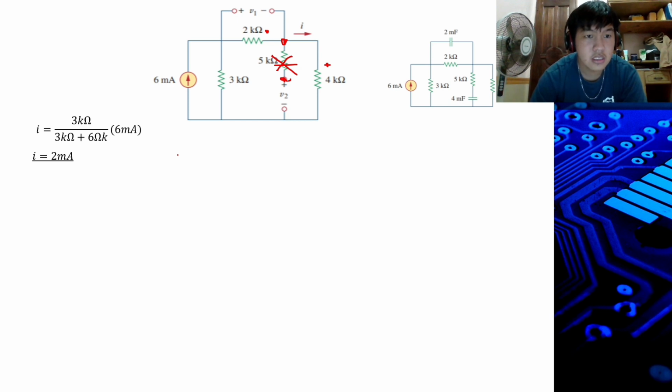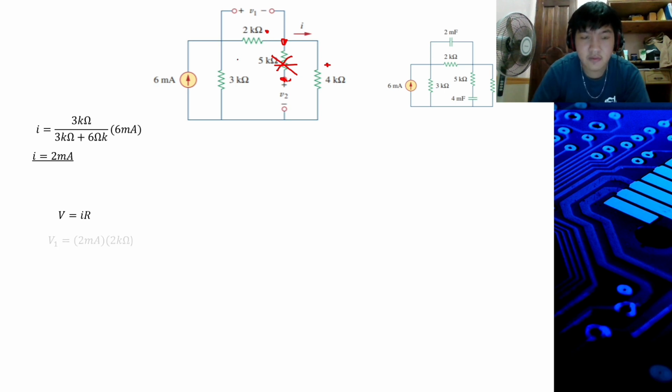Since we have I, using Ohm's law, V is equal to IR, we can get the voltage across each capacitor.